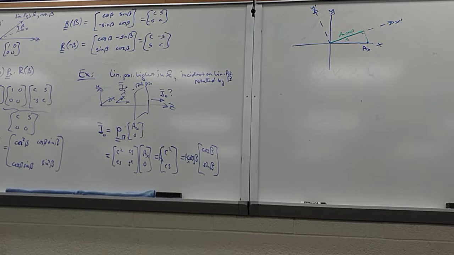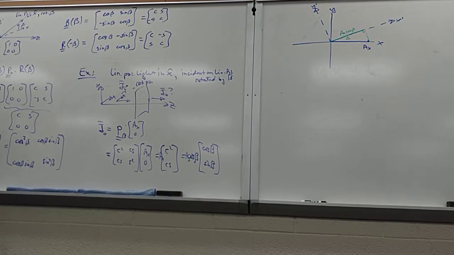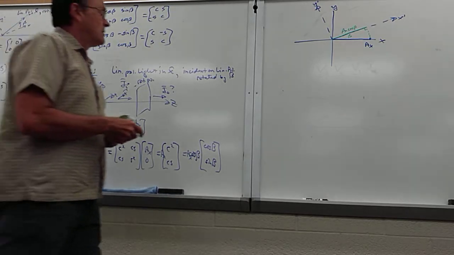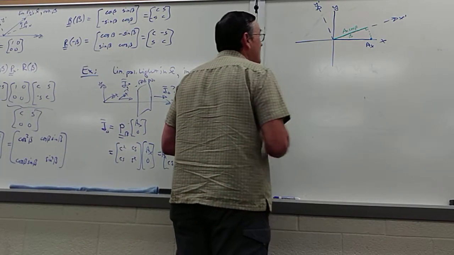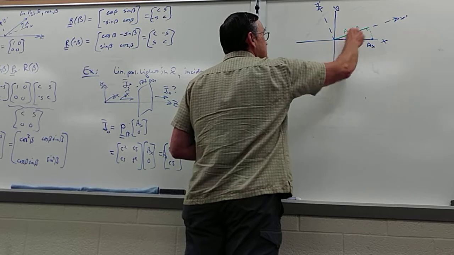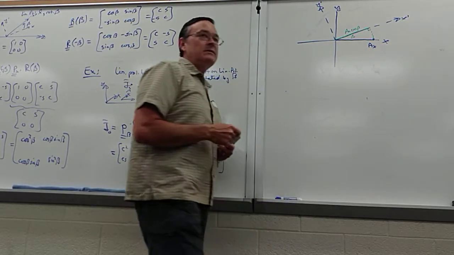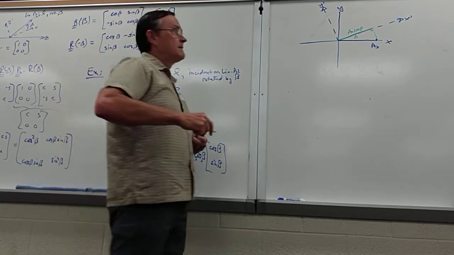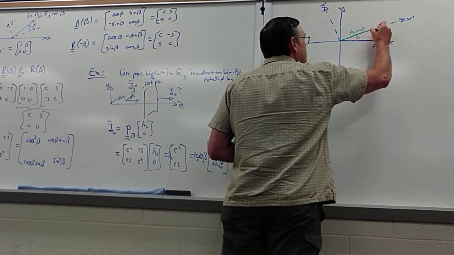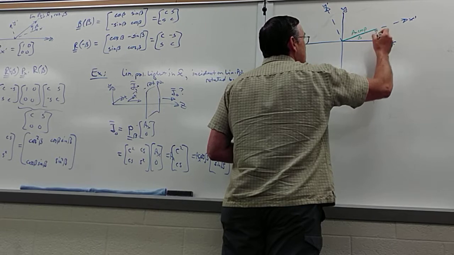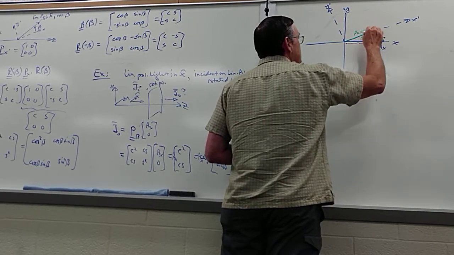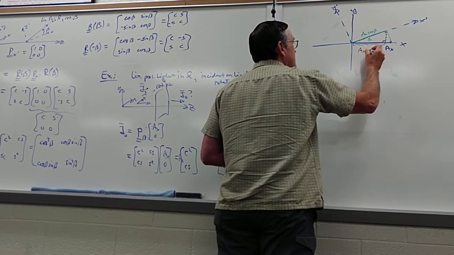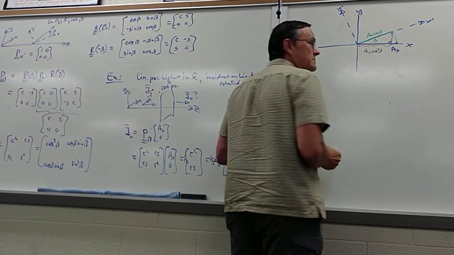But now we need to get into the XY frame. So what fraction of it is in the X direction? Cosine of beta. So we drop a perpendicular down here, and this much of this thing is in the X direction, and that's going to be A x cosine squared beta.